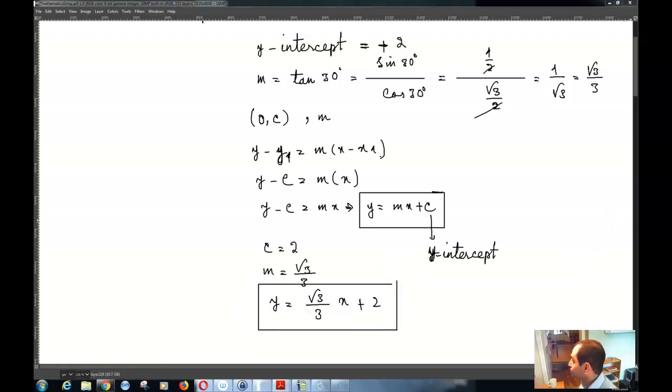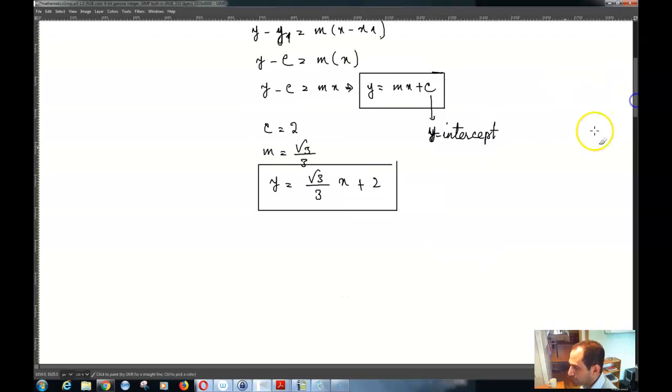Or you can basically write this as 3y is equal to square root of 3 x plus 6.